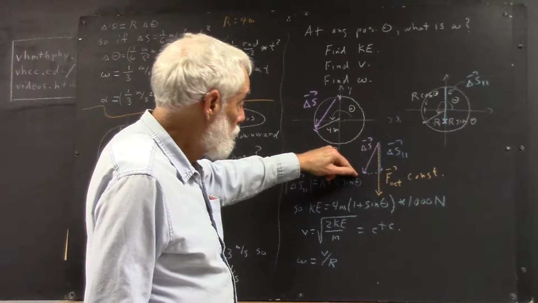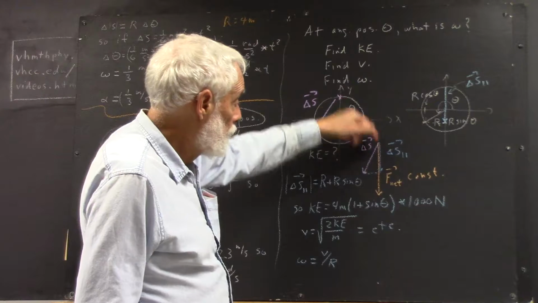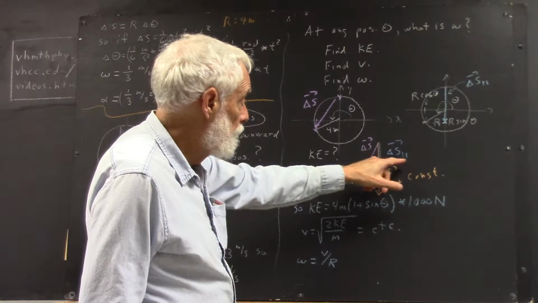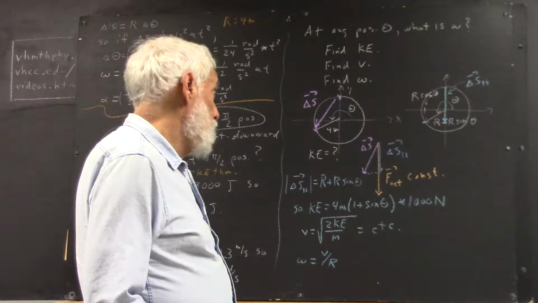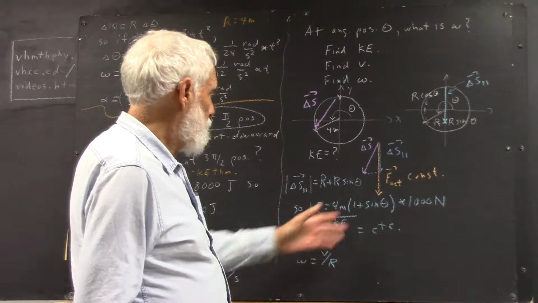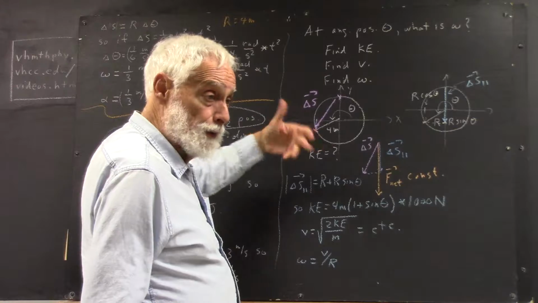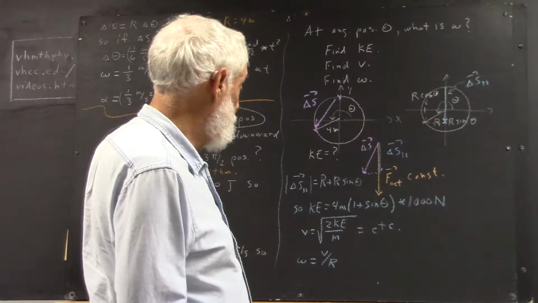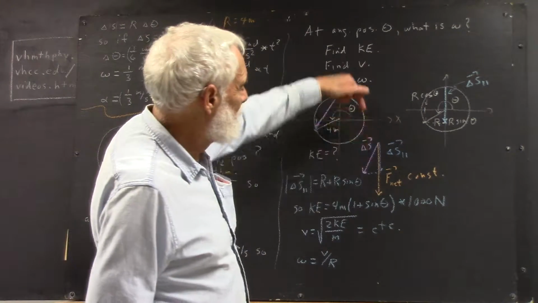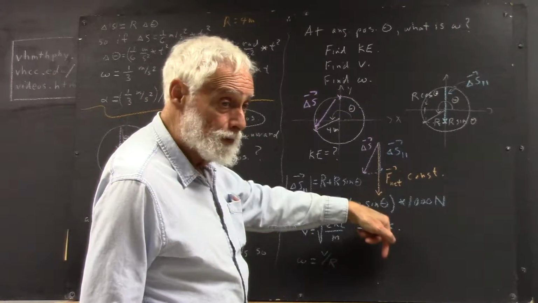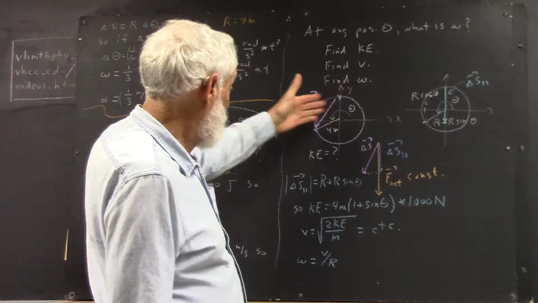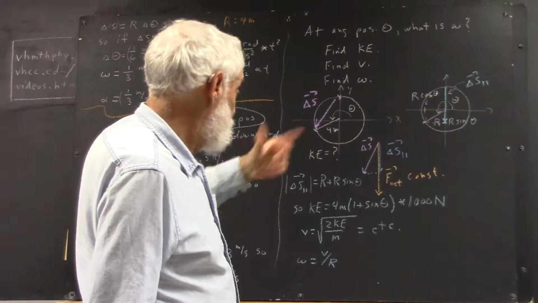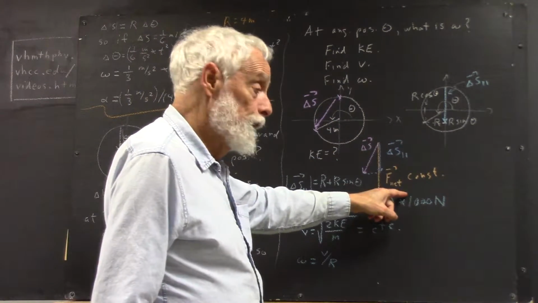In this case, we projected our delta S vector here onto the net force vector to get our delta S parallel vector. Now we could as easily have projected the net force onto the delta S, and there's a perfectly valid interpretation of that as well. But since the net force remains constant and the delta S vector changes in magnitude and direction, I've chosen to project the delta S on the F net.